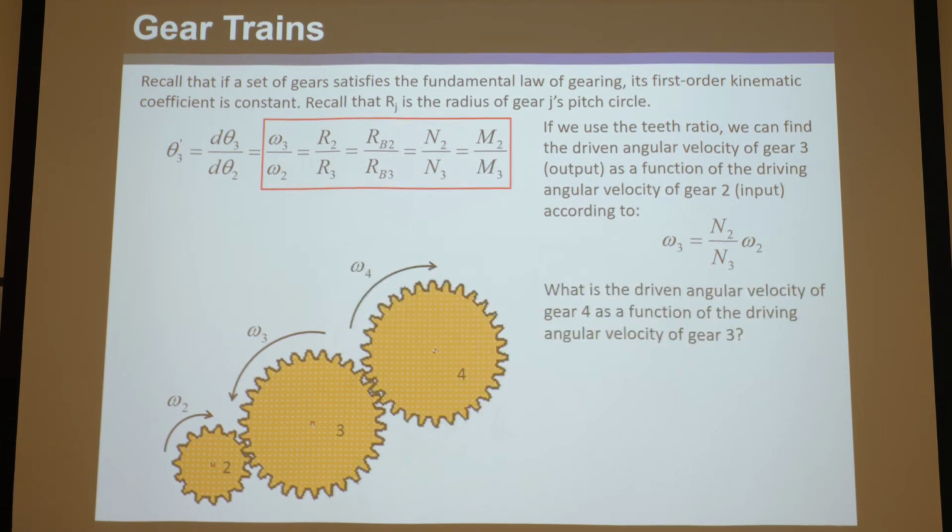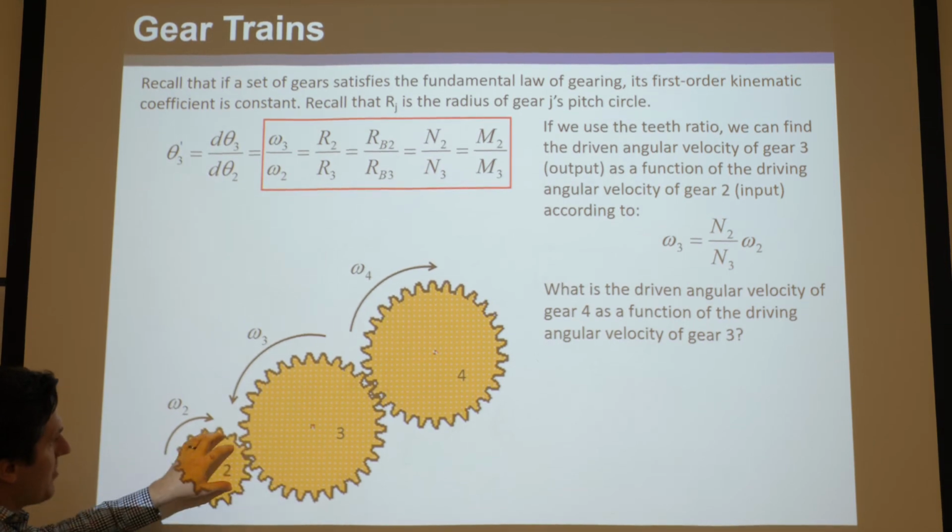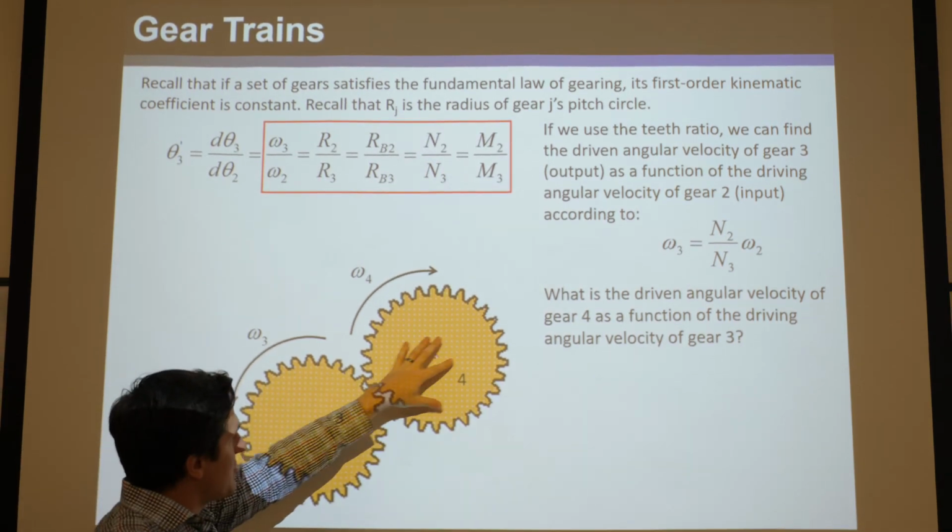Okay, so now let's do something a little more interesting. What is the driven angular velocity of gear 4 as a function of the driving angular velocity of gear 3? So this one's the driving one, that's the input, and this one's driven by this one, but this one's also driving this one, and this one's driven by this one.